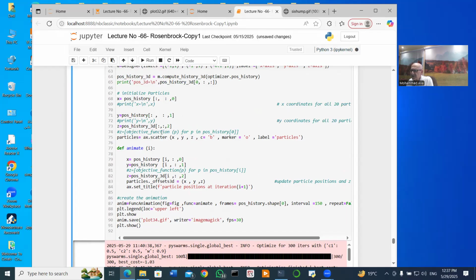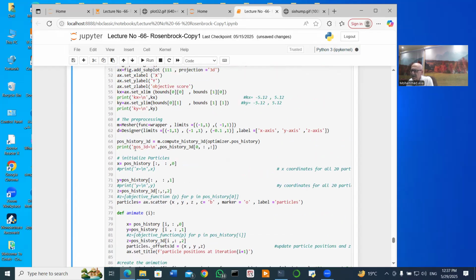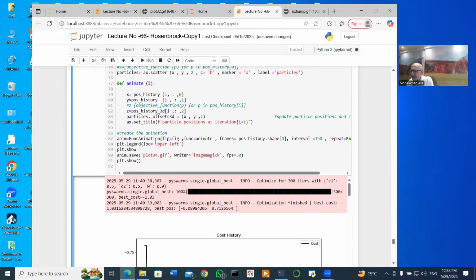It needs a figure to be already defined. We have a figure in our case defined. We have an axis. The func animate, here it is, the function animate. The frames, the number of frames, it is given by 300.